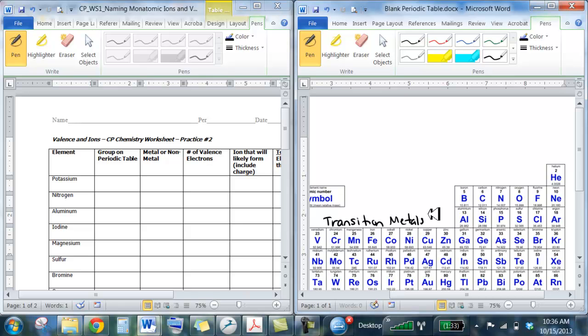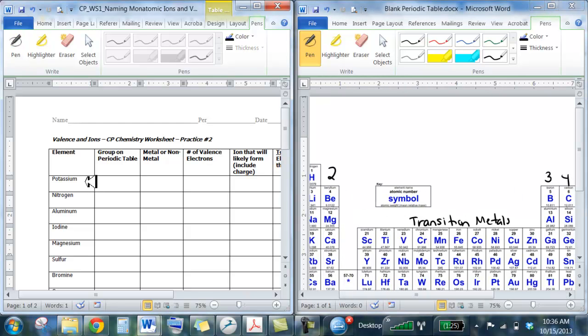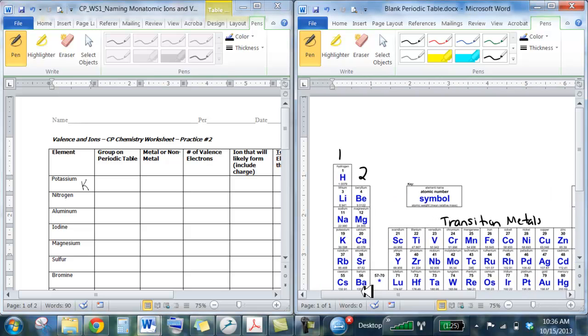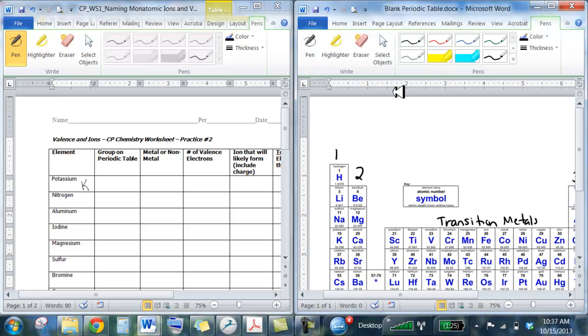And then we keep numbering 3, 4, 5, 6, 7, and 8. So the group number just comes from the column. So potassium is K. You can see for potassium, it's going to be in group 1 right here. All right, that's the element that we're looking at. So it's in group 1.